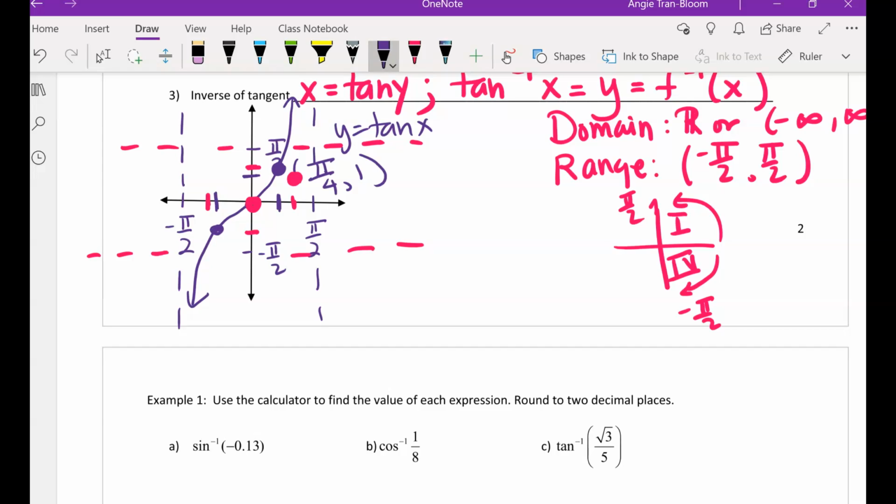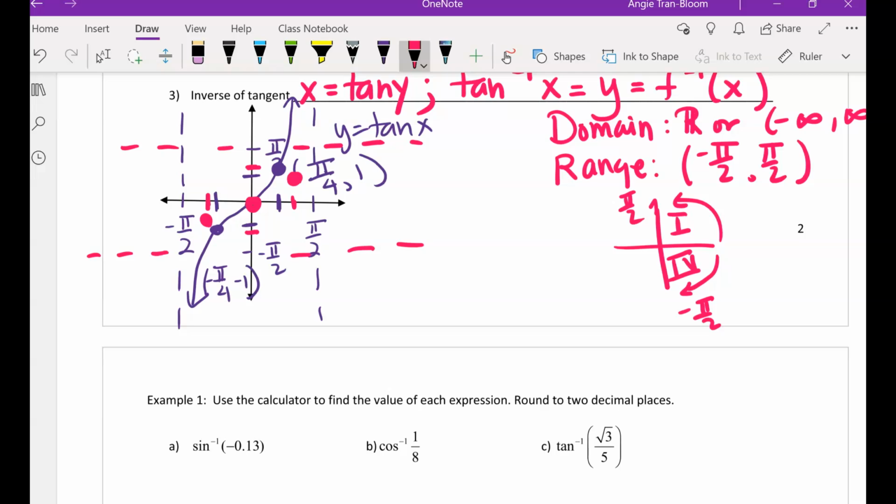This dot over here is negative pi over 4, comma negative 1. And we will switch that to what? -1 comma -pi/4. And again, pi/4 is right smack center in between that. So -1, there you go. Curvature, which way are we going? Can you turn your paper?